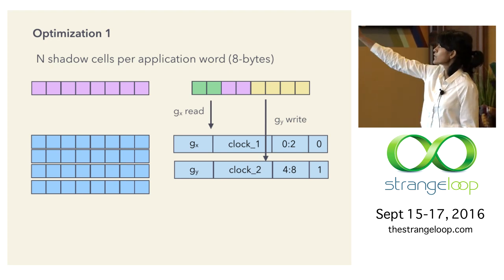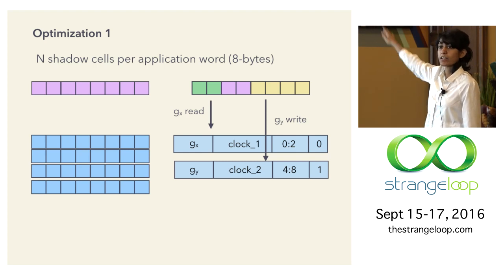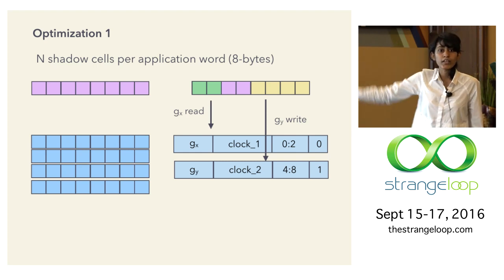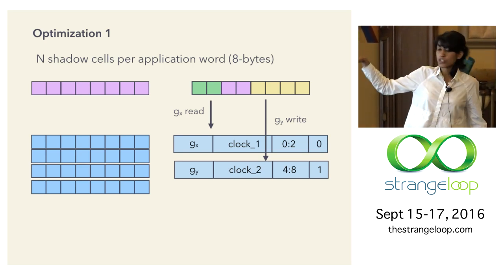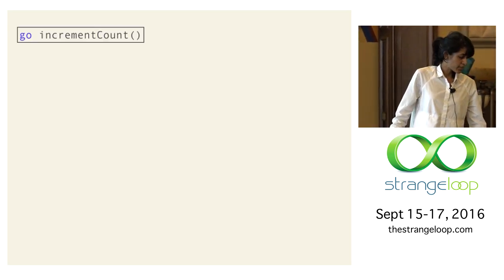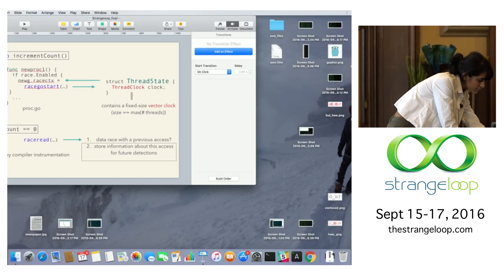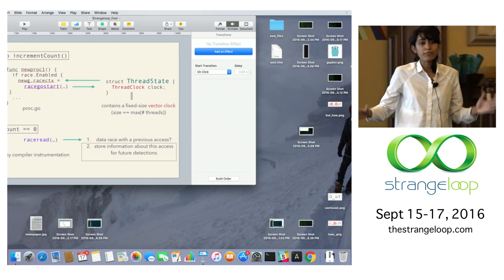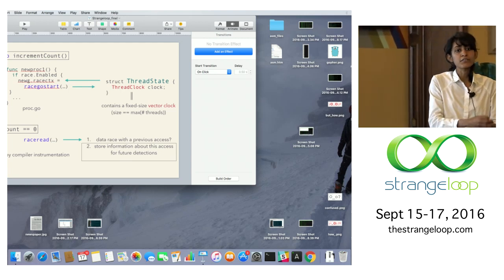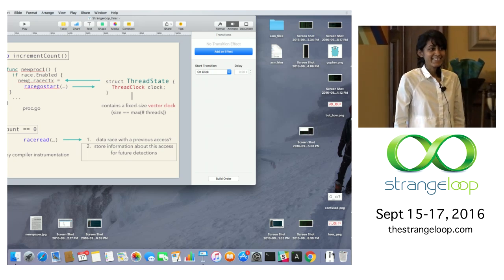If there was another block, that would be tracked by another set of 4. Yes, that's right. And the shadow state is stored in, whoops. Yeah, no, it's not 4 ever. It's 4 per 8 bytes of the application. Thank you.